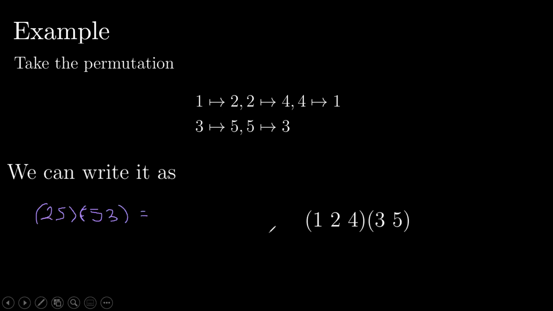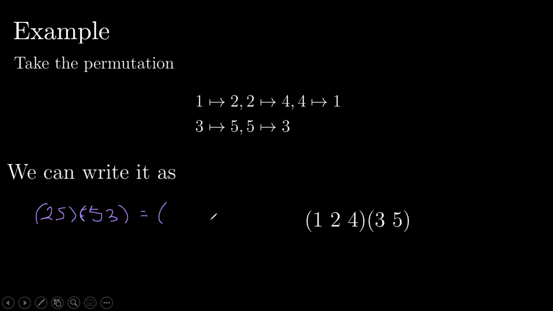Okay, I can rewrite them as the product of disjoint cycles, right? So right now they're not disjoint because they share the entry 5. Okay, but I can write them using this algorithm as a product of disjoint cycles, which is kind of their quote unquote simplest form. Okay, so how would I do that?